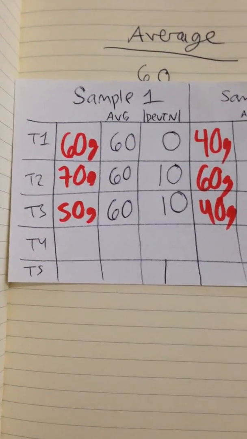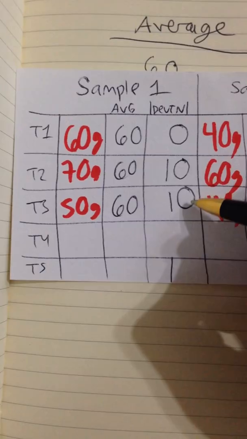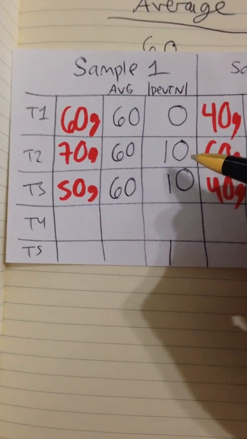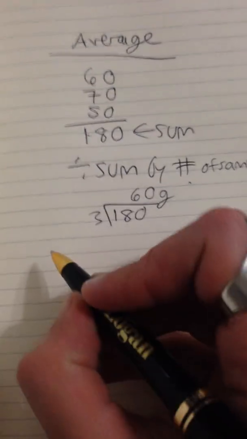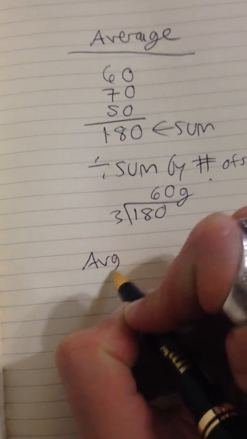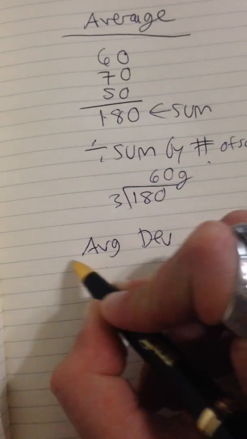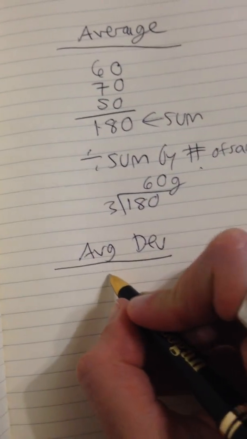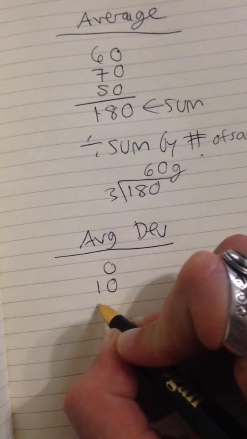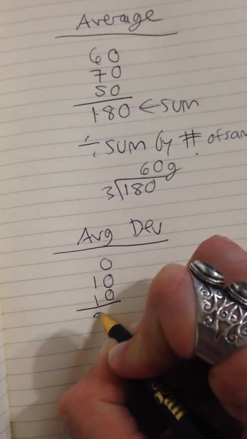So now the average deviation, if we average together 0, 10, and 10, we do that similarly to how we found our averages before. So average deviation, we're going to add together 0 plus 10 plus 10, and that makes 20.